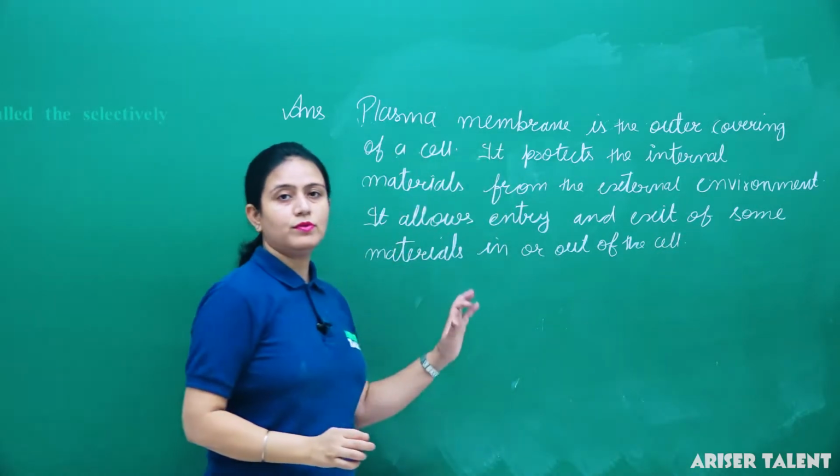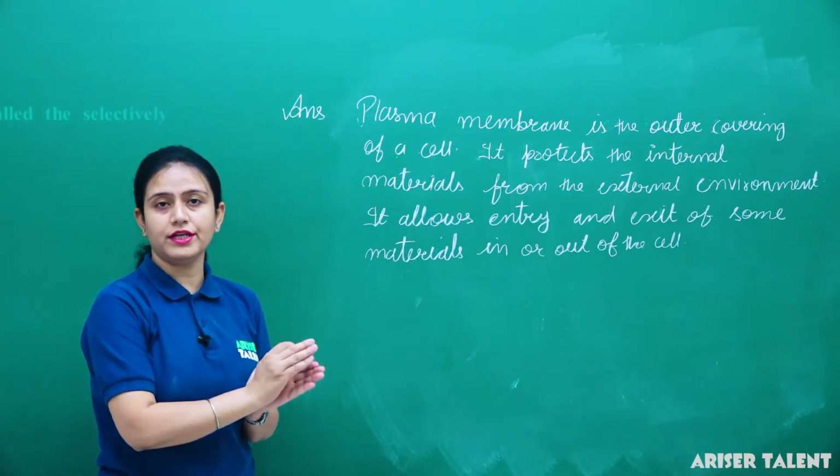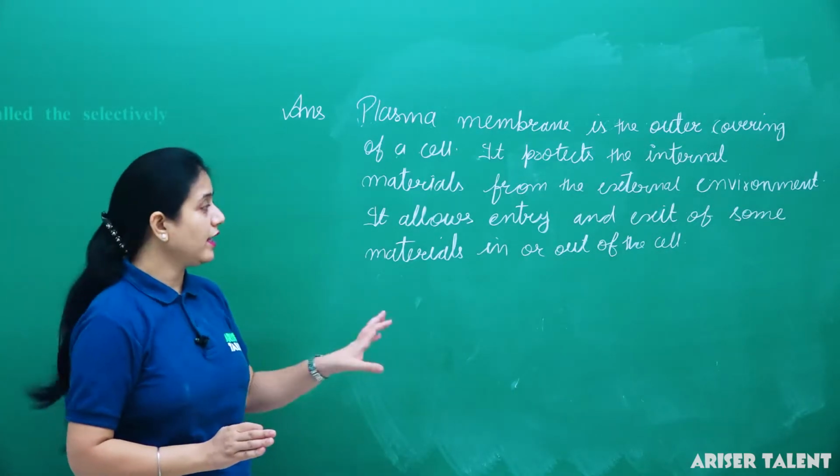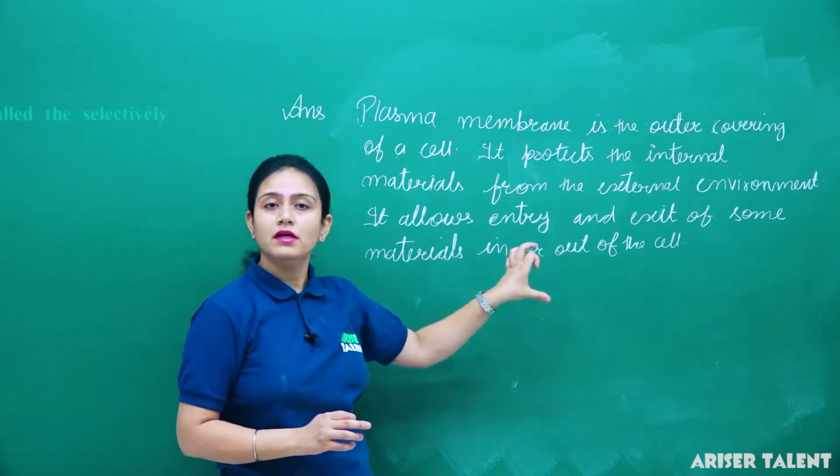Okay, as we know, plasma membrane is the outer covering of the cell, thus it protects the internal material from the external environment and it allows only the entry and exit of some materials.